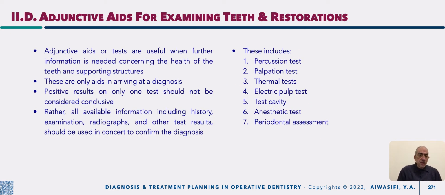As we said, these adjunctive tests are useful when further information is needed concerning the health of the teeth and supporting structures, including percussion, palpation, thermal, electric test, test cavity, anesthetic test, and finally periodontal test.